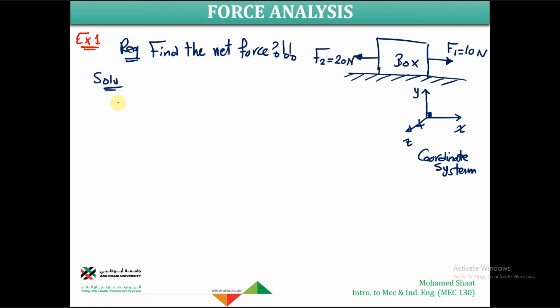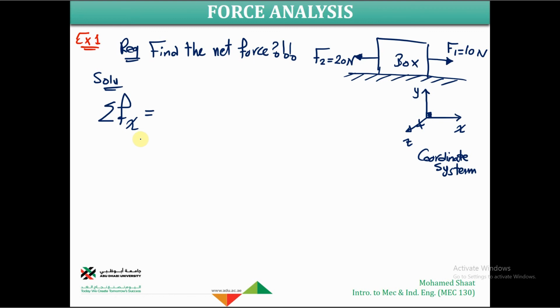So to calculate the sum, this is how we calculate it. To sum these forces together into one force, you need to sum. This symbol indicates the summation of the force along the x direction. So here I'm summing the forces along x equals, how much?